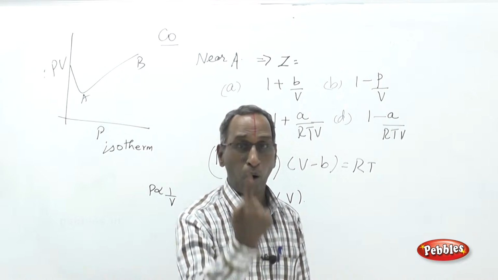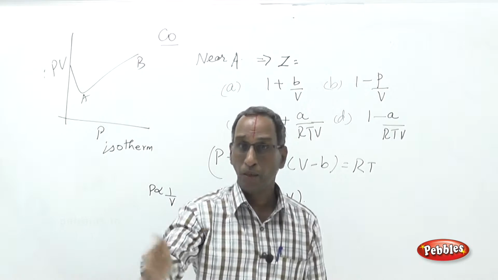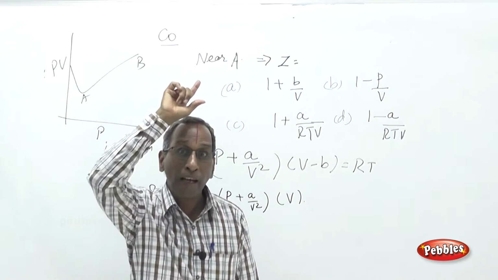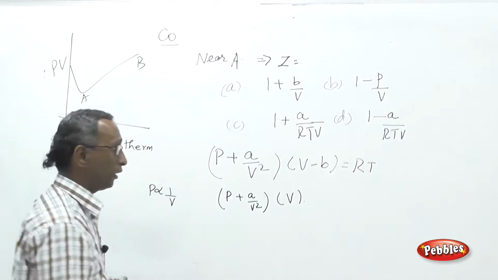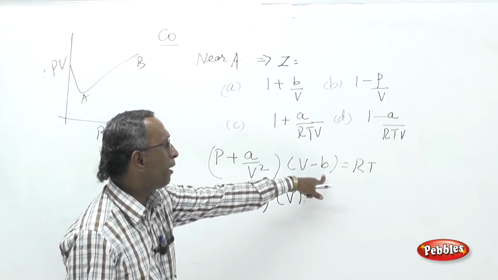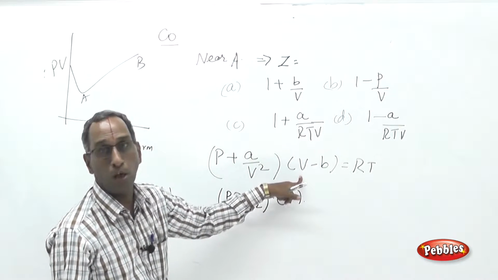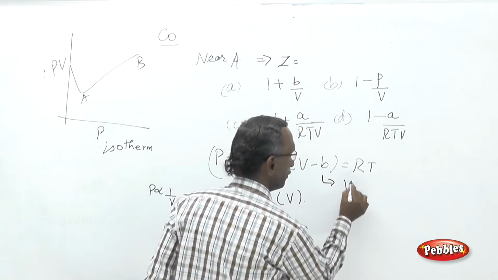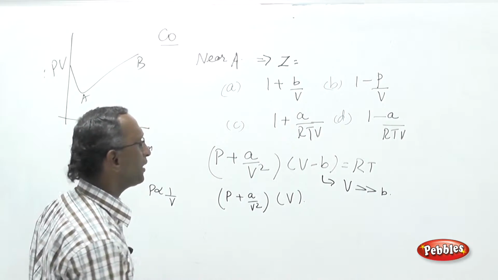Then the weight of 1 molecule is 18 divided by 6.023, about 3 into 10 power minus 23 gram. The single molecule's weight is very low. So the volume occupied by the molecules is very less compared to the actual volume of the gas. In other words, for this case V is very high compared to b, so that b is neglected.